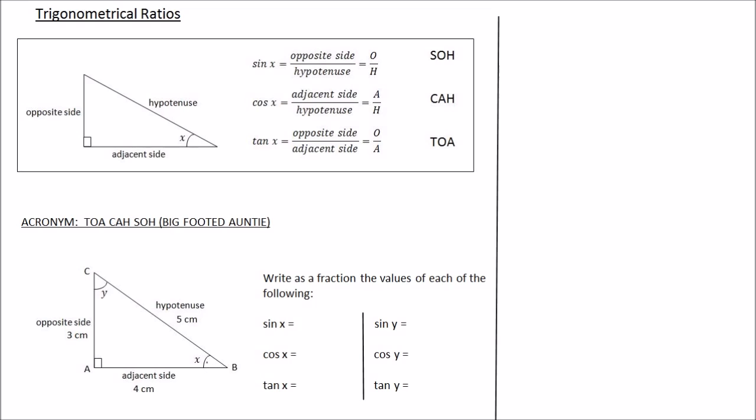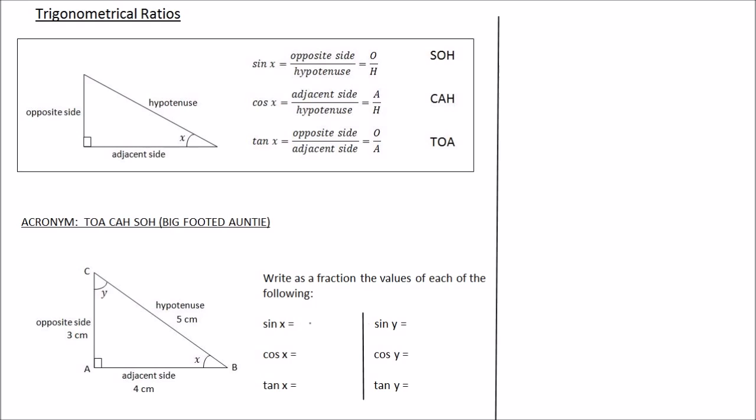X is here, so the side here is the opposite side, and this is the adjacent side, and the side opposite the right angle is always the hypotenuse. So we are given the opposite side as 3 cm long, adjacent side is 4 cm, and the hypotenuse 5 cm.